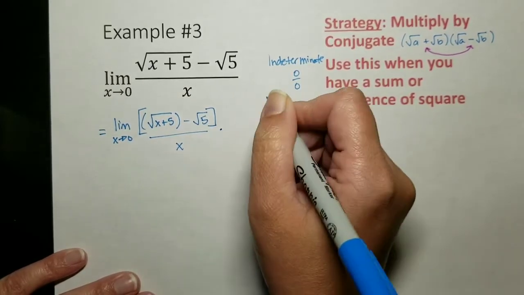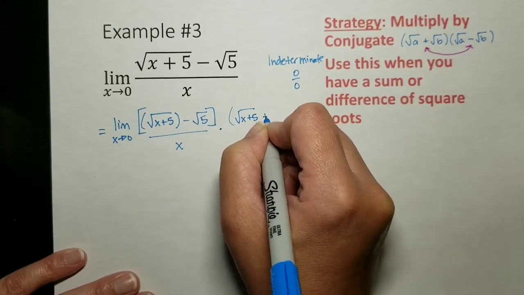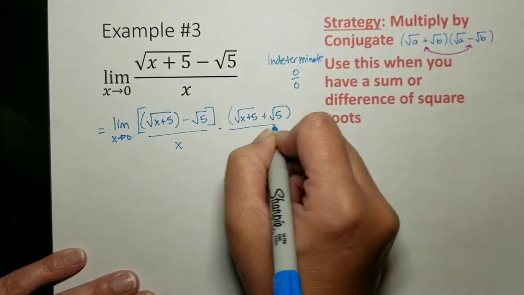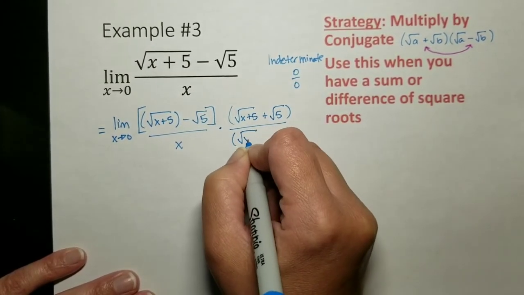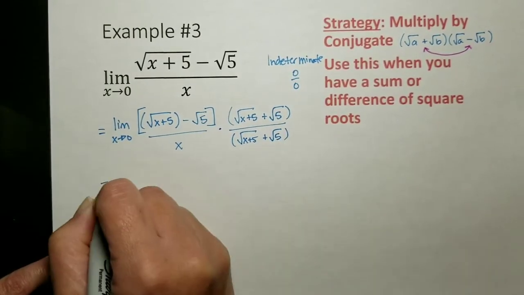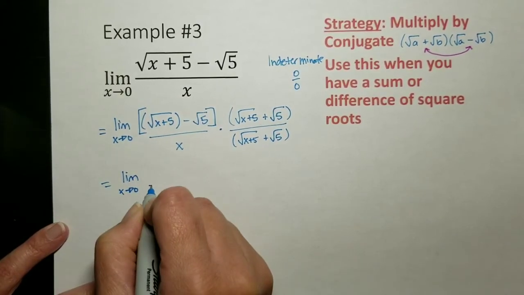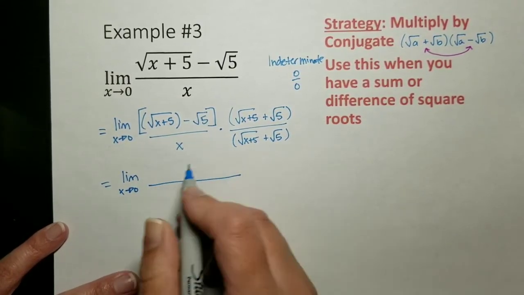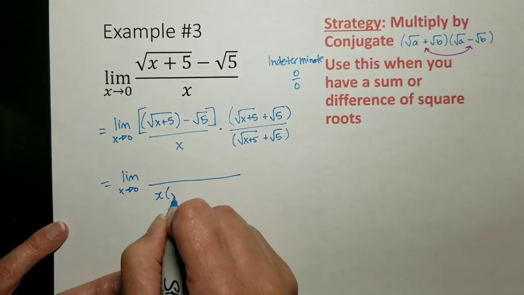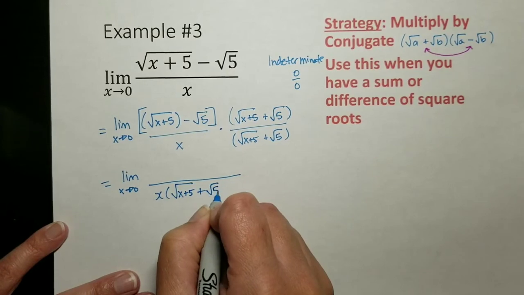And then I'm going to multiply this by root x plus 5 plus root 5 on the top and bottom. So I get the limit as x approaches 0. Now on the denominator, I'm not going to simplify this. I'm just going to say that that's x times root x plus 5 plus root 5.